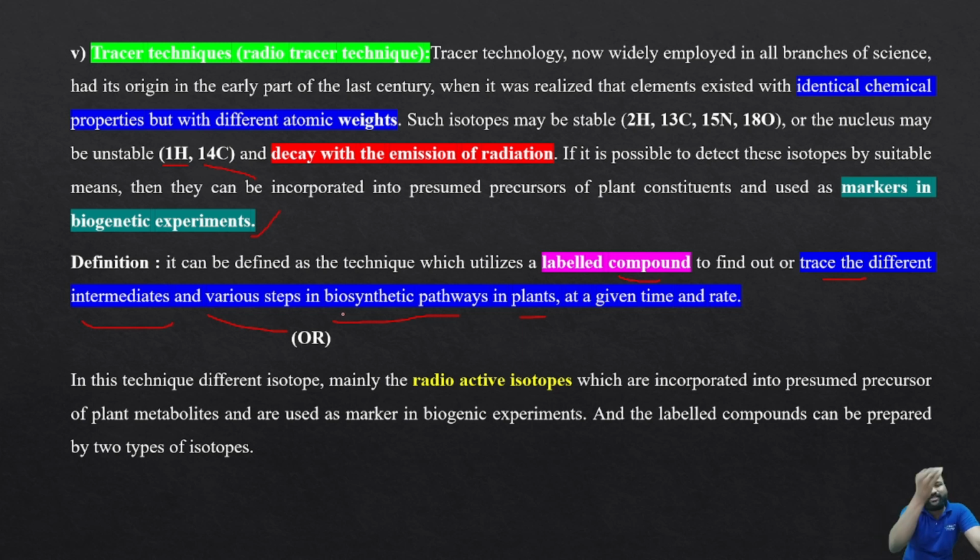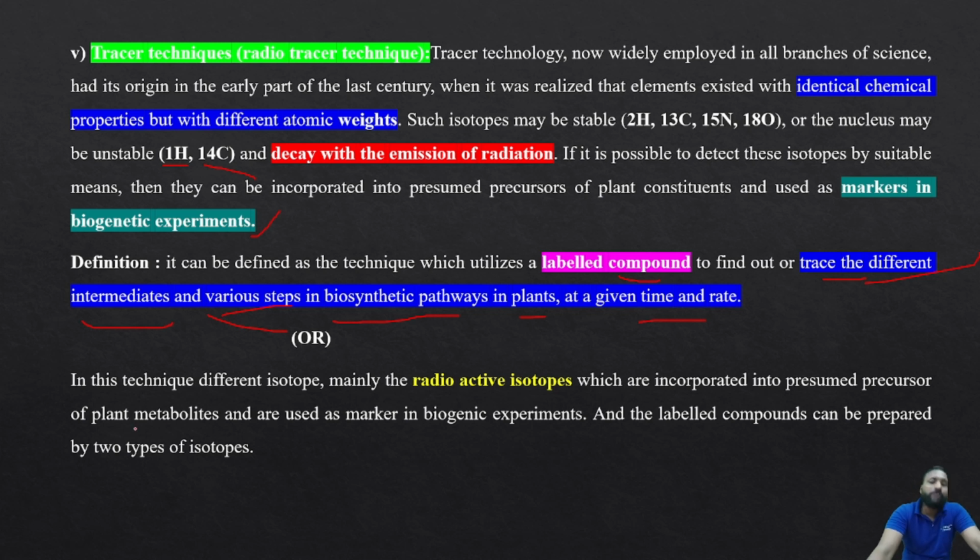How can you say that the shikimic acid pathway is a 7-step pathway? Because someone has investigated it by methods like tracer techniques. By tracer techniques we can know the various steps, the different intermediates, and the rate at a given time.